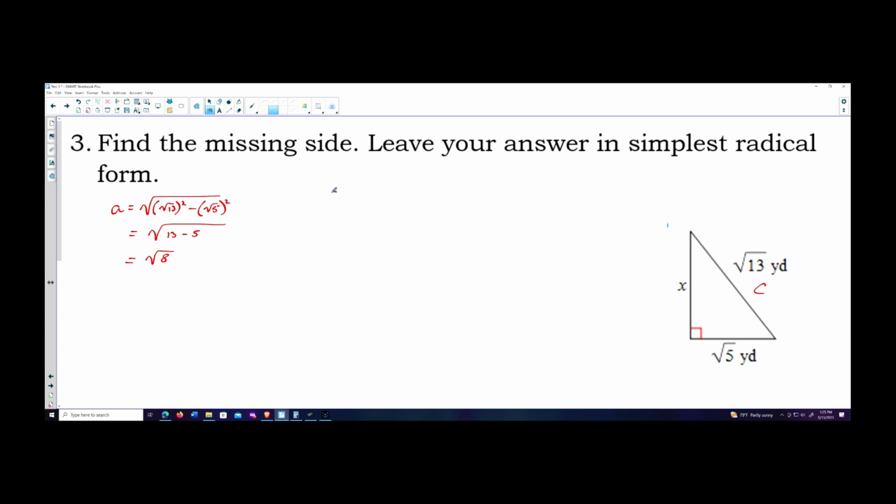So I must factor 8. 8 is 2 times 4, and 4 is 2 times 2. So that equals the square root of 2 times 2 times 2, or 2 cubed, right? But I write it as 2 times 2 times 2.